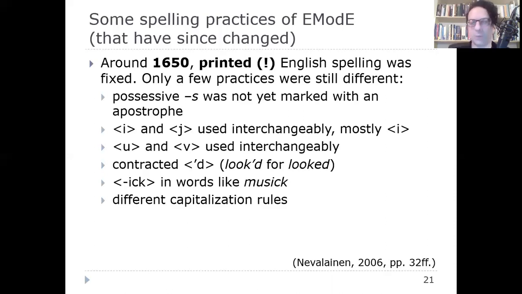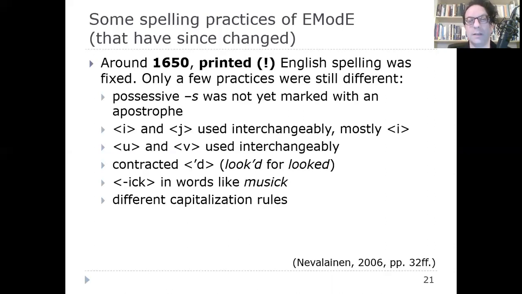Another thing, and this is really weird, is that they were starting to contract ed, past tense or past participle of a verb. They were starting to spell that with apostrophe D. Okay. And for some reason, this got reversed later on.